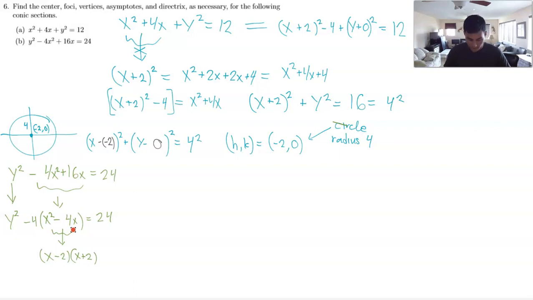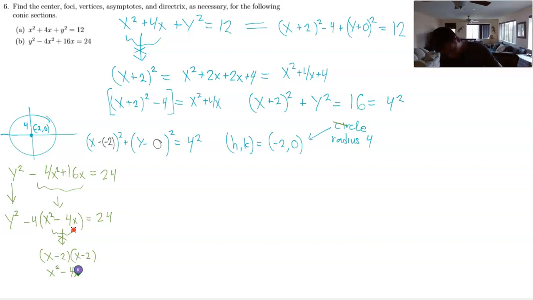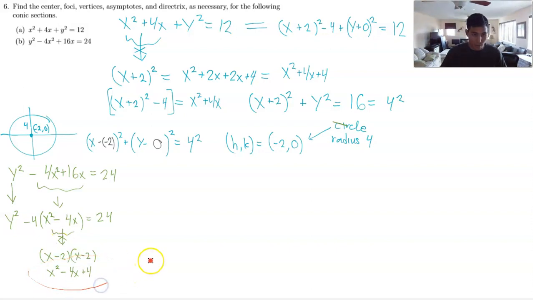Now, if this leads to something, let's just check. x squared minus 2x, no, doesn't work. So the actual combination must be x minus 2 again. So x minus 2 squared. So we found the factorable square, but it's not exactly equal. Because if we do this, we get x squared minus 4x plus 4. But we don't want a plus 4. So we've got to kind of adapt the situation here.